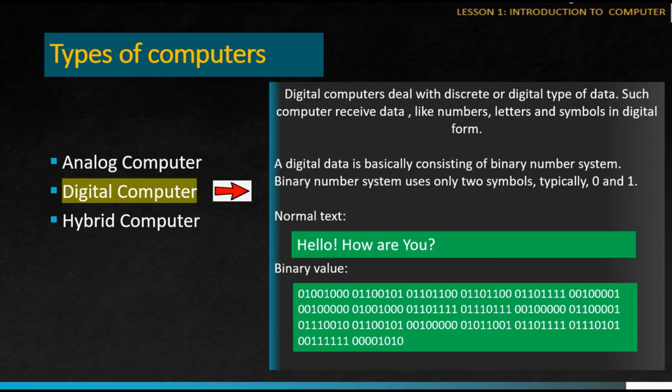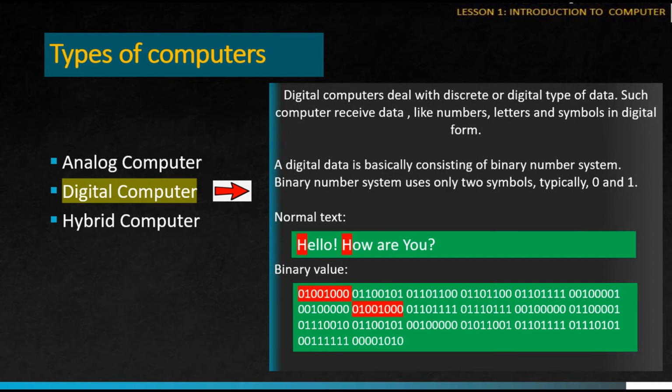Let's take a look at the example, how a simple text, "hello, how are you?", looks in digital form. This text includes English characters, and some special characters, such as spaces and question mark. Every character, whether it is a letter, or special character, must convert into its binary equivalent, before they get representation into computer memory.